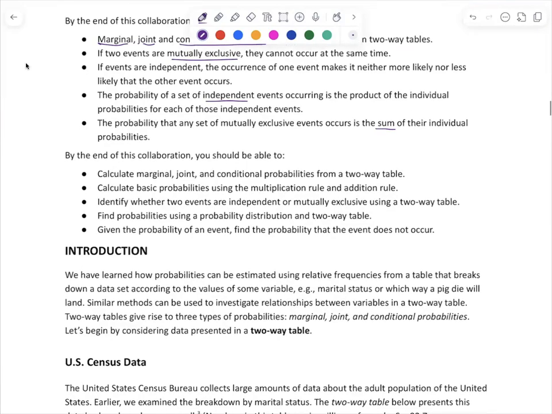By the end of this collaboration, you should be able to calculate marginal, joint, and conditional probabilities from a two-way table, calculate basic probabilities using the multiplication rule and addition rule, identify whether two events are independent or mutually exclusive using a two-way table, and find probabilities using a probability distribution and two-way table. Given the probability of an event, find the probability that the event doesn't happen.